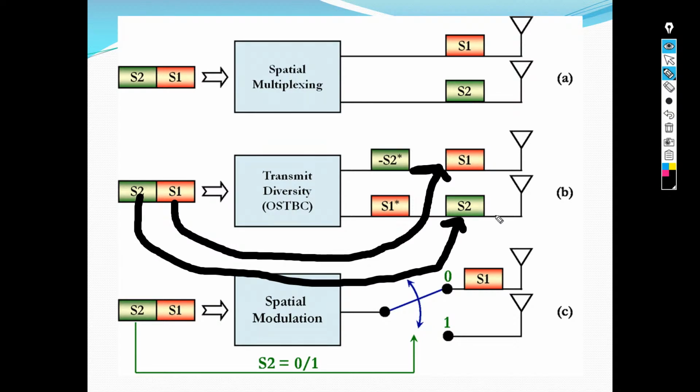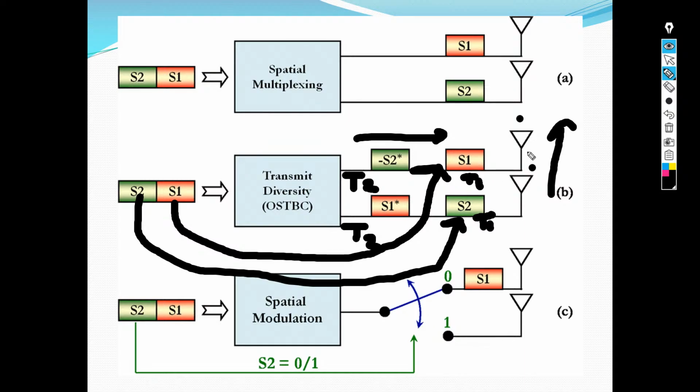And you transmit. We call it the first time slot. This direction is time, and this is space. You have antenna 1 and antenna 2. This is T1, the first time slot. In the second time slot, T2, you transmit the conjugate of the symbols.